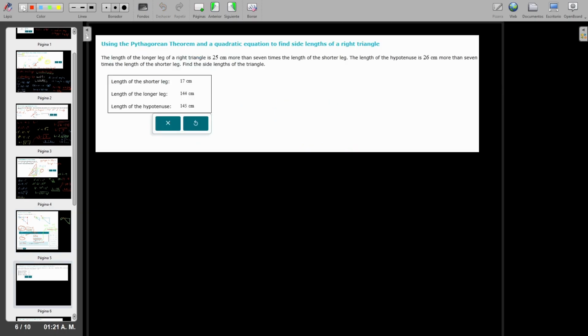Okay, this is easy, this is fun. They're asking us to use the Pythagorean theorem and the quadratic equations to find the side lengths of a right triangle. Remember that a right triangle needs what? A right angle. Okay, a right angle is 90 degrees. They say we can write our triangle here.